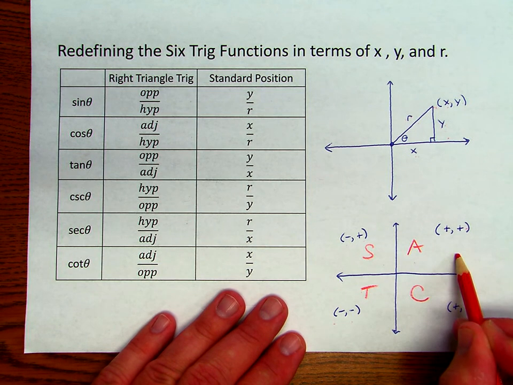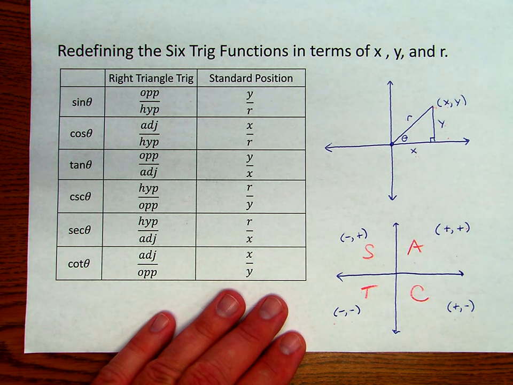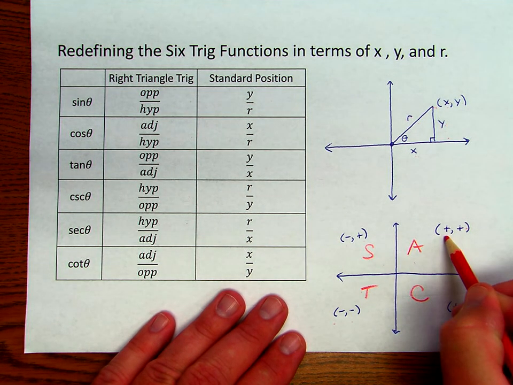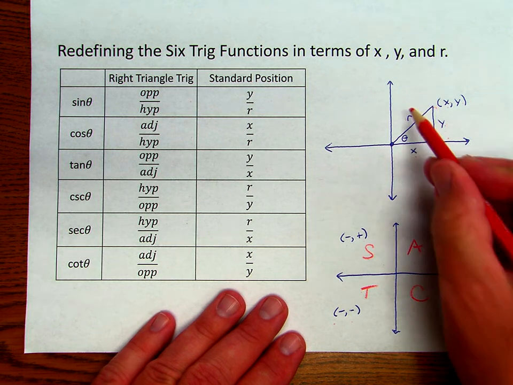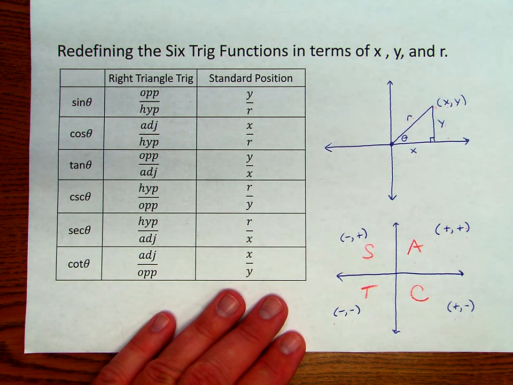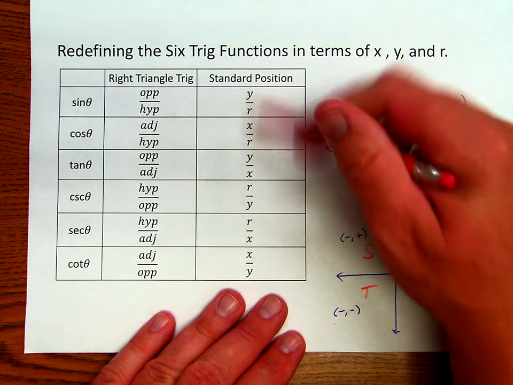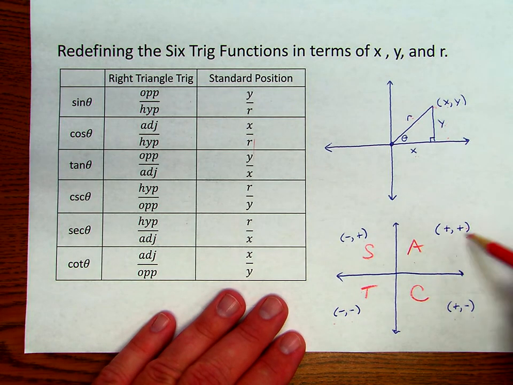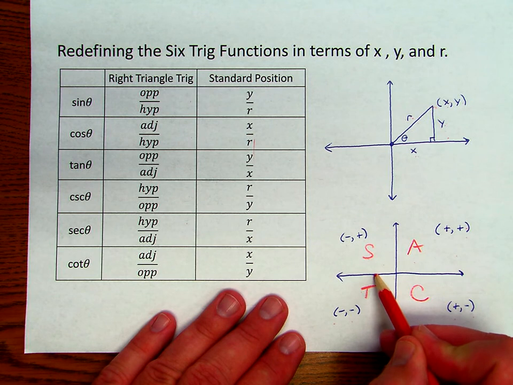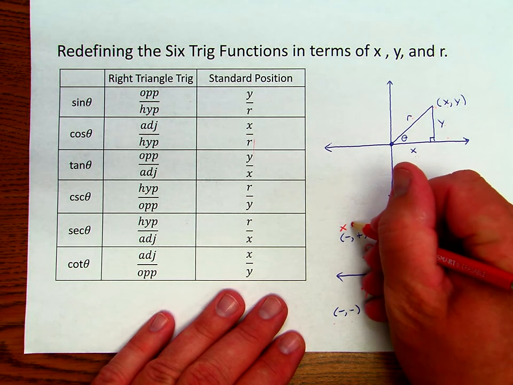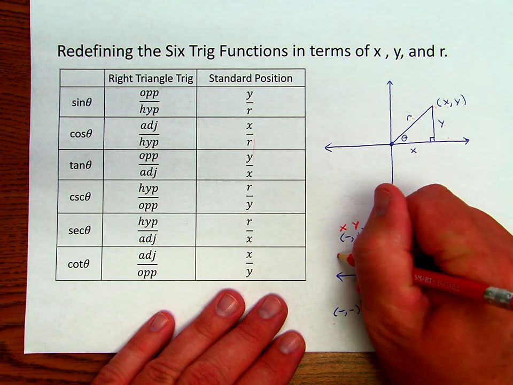Because what happens is if x is positive and y is positive, r is always positive. That's a radius of a circle. If all these are defined in terms of x's, y's, and r's, and all positive, they all have to be positive.